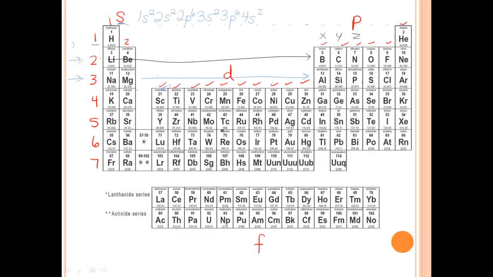So here you always start with 3d when you get to the D block. This one will be 4d, and it's always one less than your principal quantum number. This row is going to be 5d, and this row will be 6d. So after 4s always comes 3d.